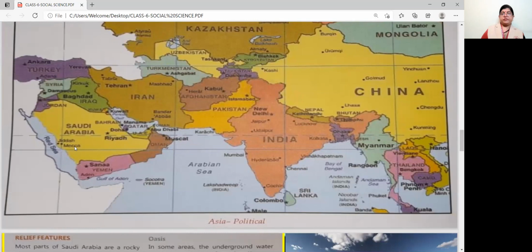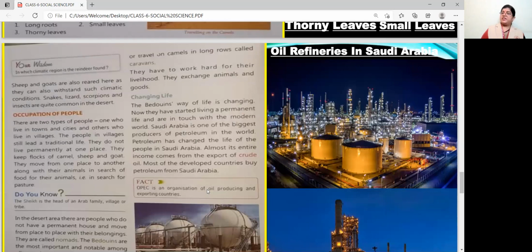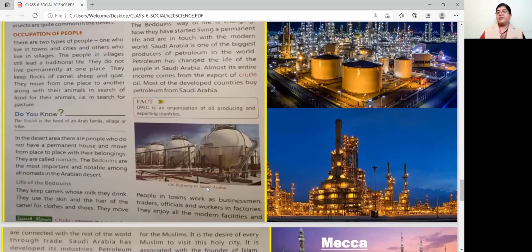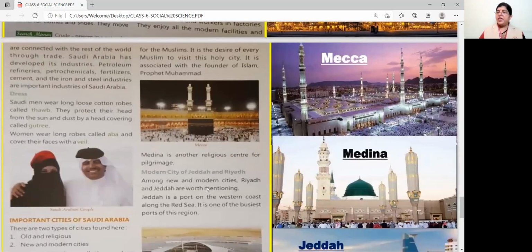Mecca is here. When we are studying, children, it's necessary, if we are having a map, to see the place which we are studying. That's why I share that map with you all so that you can understand very well.